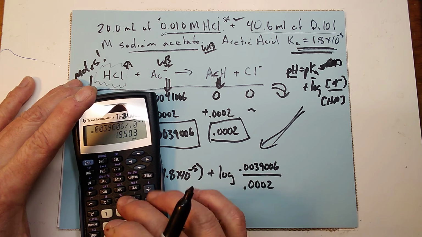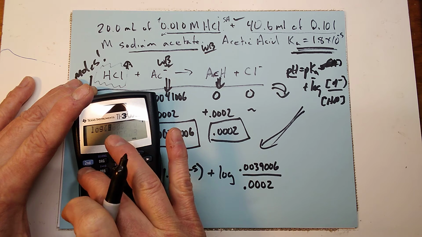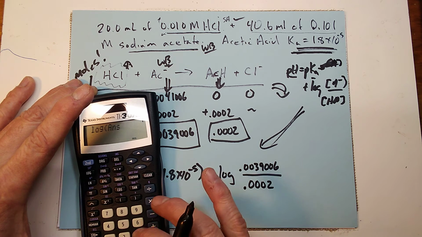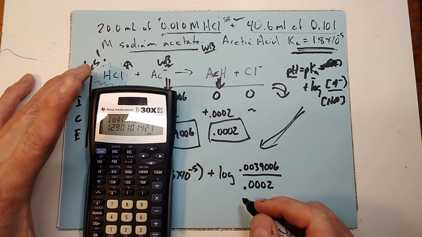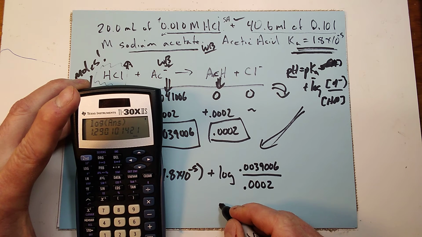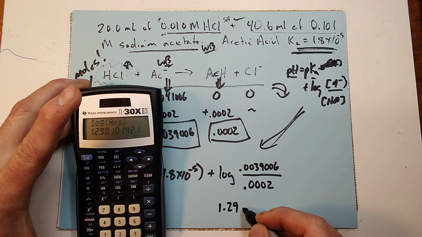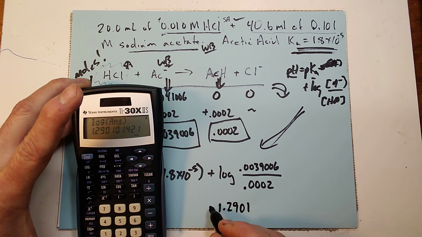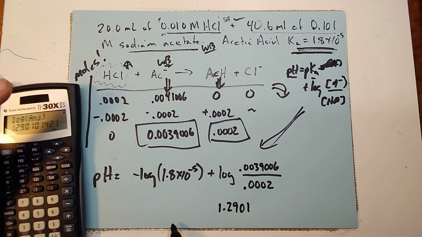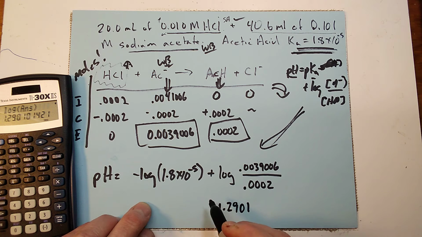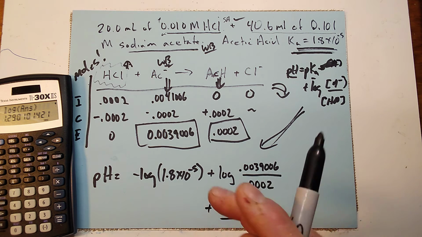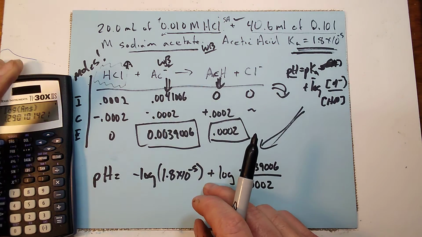So I'm going to take the log of that. I get 1.2901, we'll stop there. And that's going to be added to the negative log of 1.8 times 10 to the minus fifth.